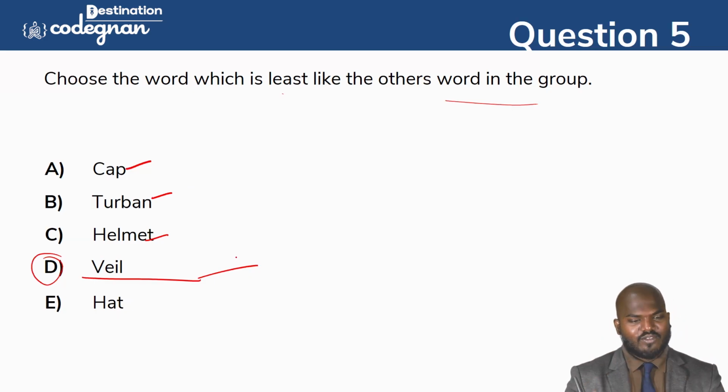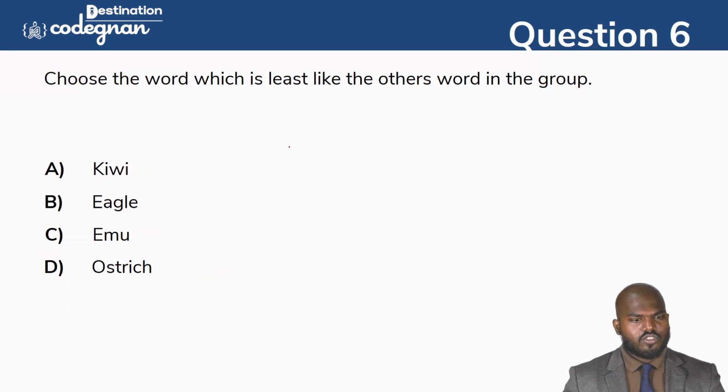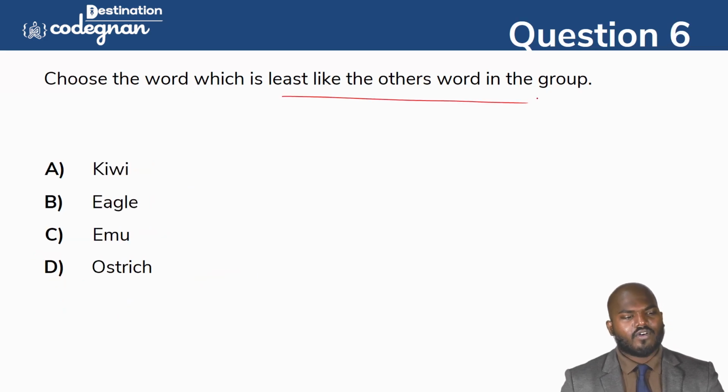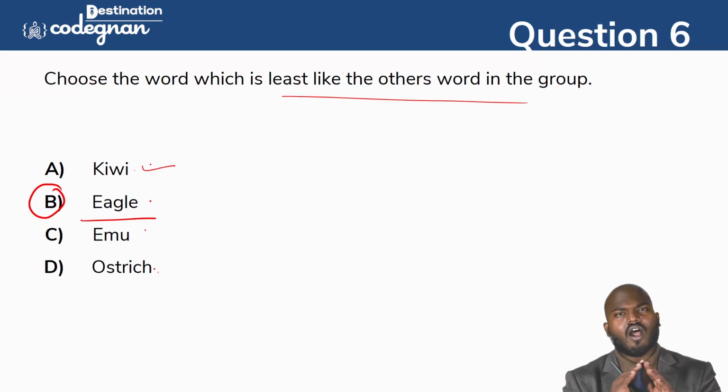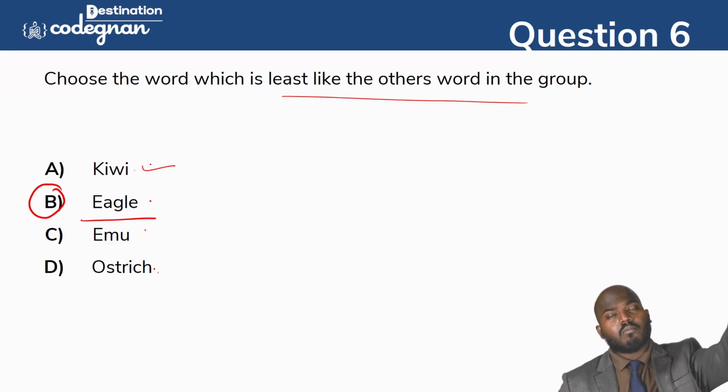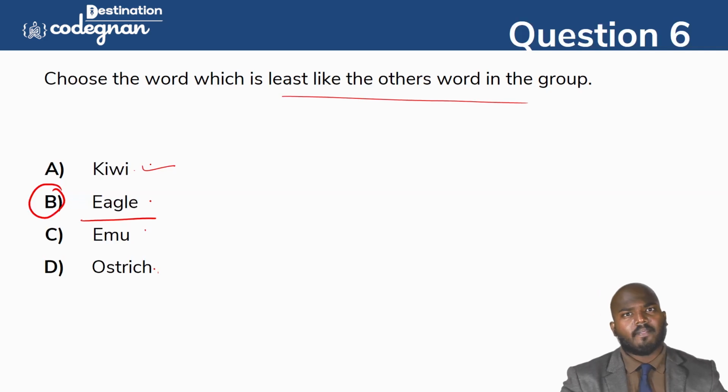Okay, so going for the next question, guys. Choose the word which is least like the other words in the group. Kiwi, eagle, emu, ostrich. What will you say? I'll go for option B. Kiwi is a small bird that can't fly. Eagle is a big bird, and it can fly to the top of the mountain.